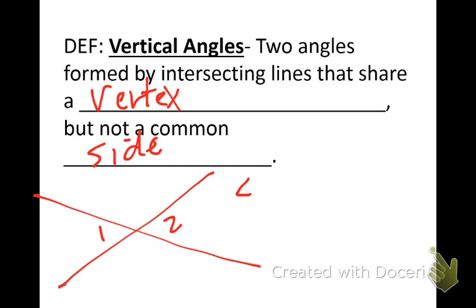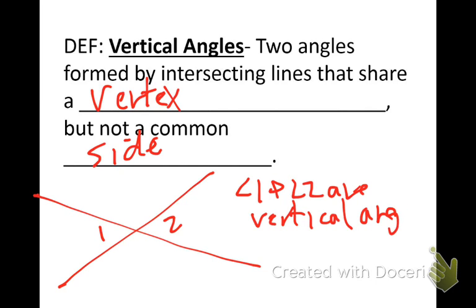Here, angle 1 and angle 2 are vertical angles. You see they're across from each other. They're formed by lines, but they don't share a side. They just share a vertex.